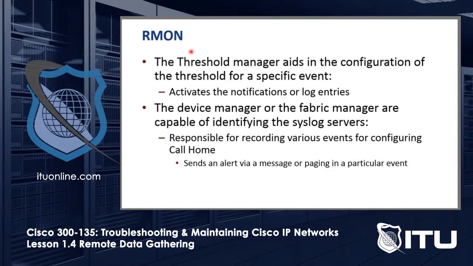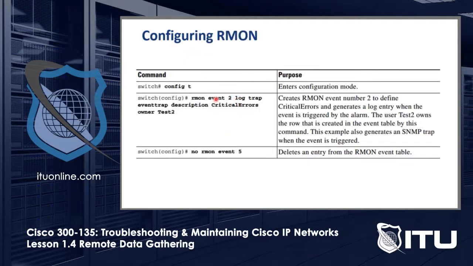That's RMON. If we're going to configure RMON, here is some of the syntax. Get into global. We could say rmon event 2 log trap. And so what we're doing is we're creating an RMON event number 2 to define critical errors and generate a log entry, because we can see the description, critical errors, right here.